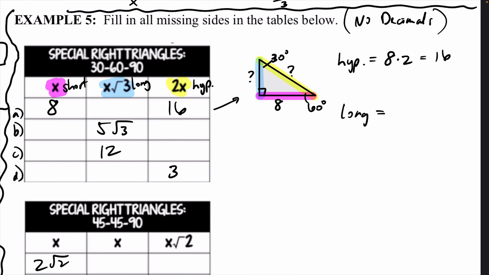What did the front say to do? Multiply the short leg, yep. So multiply 8 times the square root of 3. Can I multiply those to make 24? Can I put them in my calculator to make a decimal? Neither. So when it's neither, that's your answer. 8 square root 3.